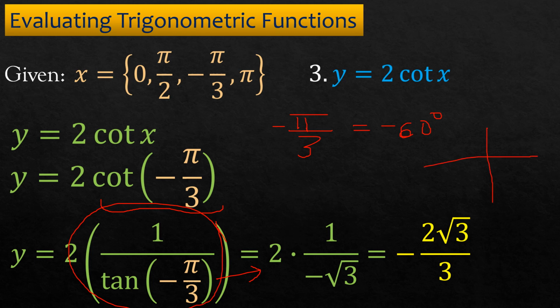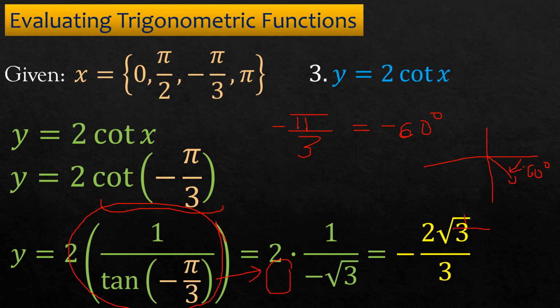Okay, that negative 60 degrees is found. Remember the negative sign is a clockwise rotation, and that is found in quadrant 4. Okay, that makes it negative because in quadrant 4, x is positive and y is negative.